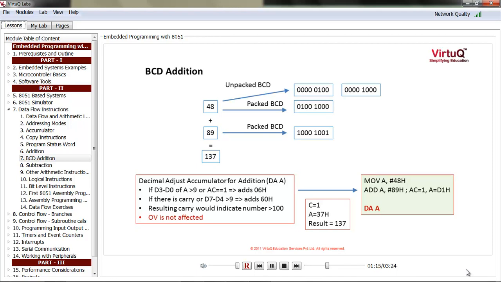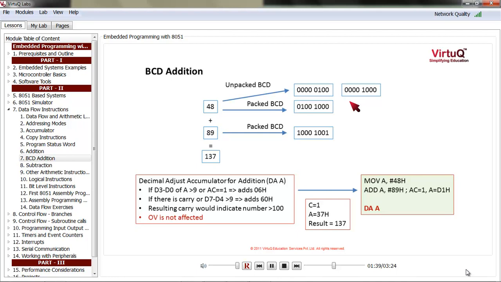BCD numbers can be represented in two different ways. The first way is unpacked BCD. In this case, a BCD number such as 48 will be stored in two different bytes. The first digit will be stored in the first byte, and the other decimal digit 8 will be stored in the other byte.